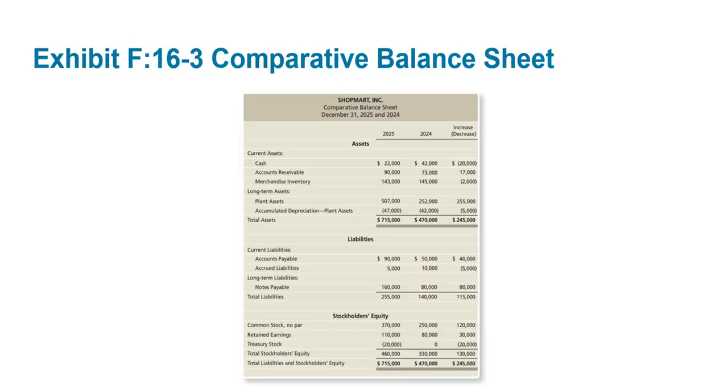Sometimes they'll give you the number for the dividend declared and paid, or you can figure it out from here. The difference between net income, which feeds retained earnings, and the change in retained earnings, which dividends come out of, will be the amount of the dividend paid out. So you'll need that information.